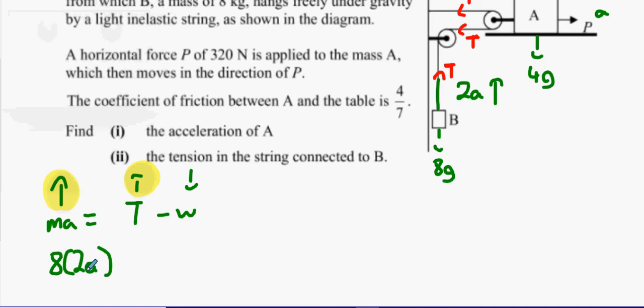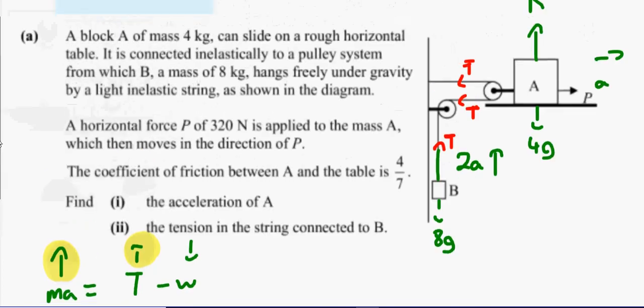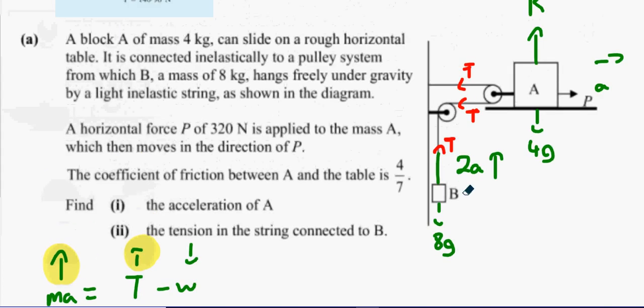Just explain again why B is 2A and A is just A. So imagine that B goes upwards, okay? And it gives up 20 centimeters of rope. That 20 centimeters of rope travels up here.